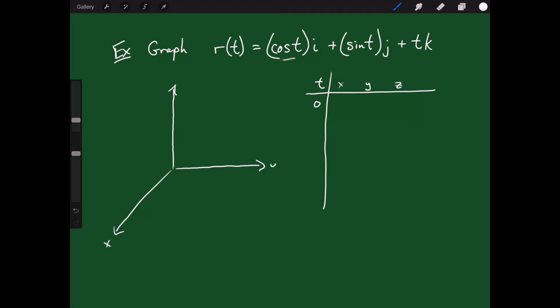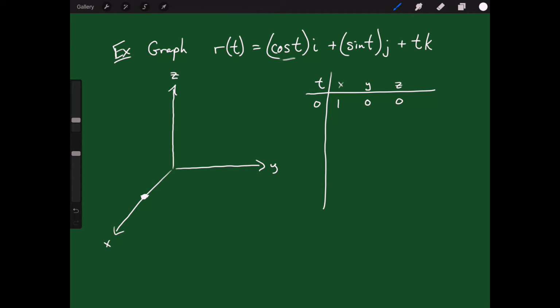This is x, y, z direction. So what would I get? Cosine of 0. Well, cosine of 0 is 1. Sine of 0 is 0. And 0 is 0. So I get the point 1, 0, 0. So I go 1 in the x direction, 0 in the y, 0 in the z, and I get this point.